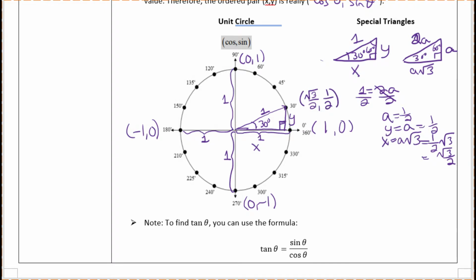So if you did cosine of 30 degrees, it is adjacent over hypotenuse, which is the square root of 3 over 2, over 1. So that gives you the cosine, square root of 3 over 2. So that means that the x value is the cosine and the y value is the sine.